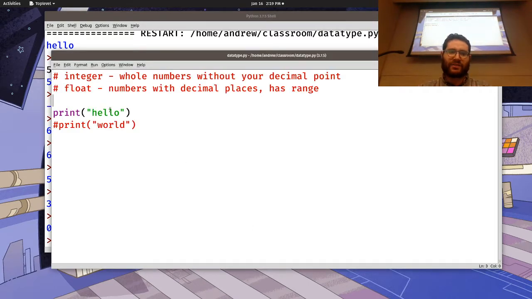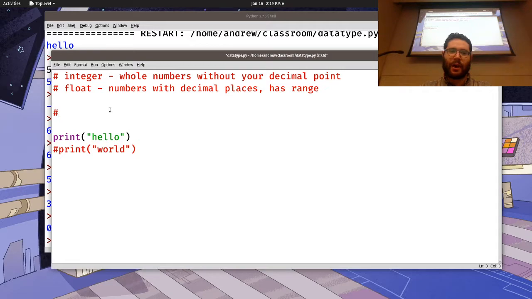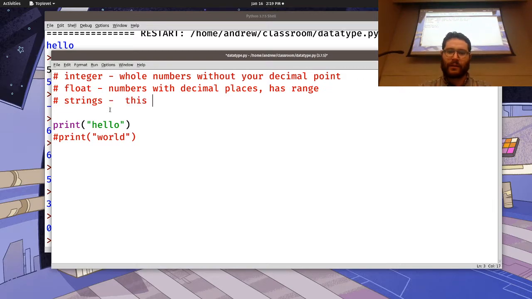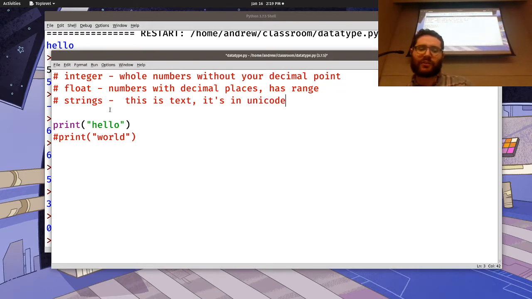Let's see. What other types do we have? We have strings. All strings are encoded in what we call Unicode, which is basically a giant table of characters. Every single letter has a different pattern of zeros and ones that get encoded, right?